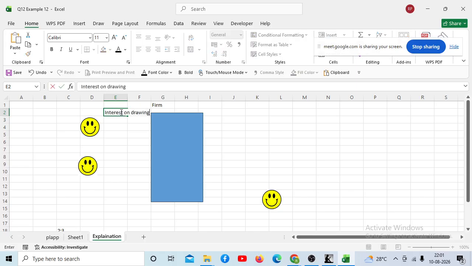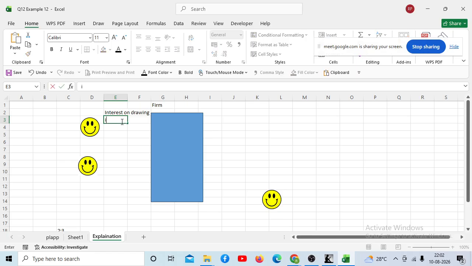Since these people had withdrawn some money from the firm, the firm is going to charge interest on these partners. That is called interest on drawing. The meaning is clear. Now tell me, for the firm, will this interest on drawing be expense or income?